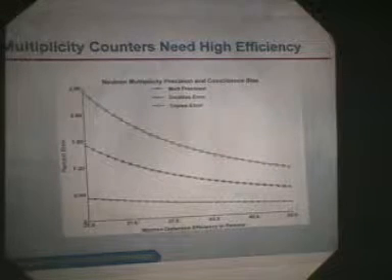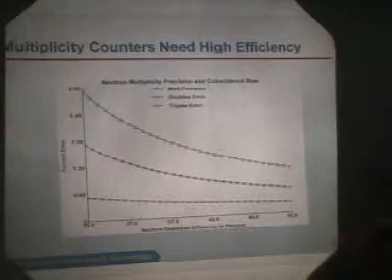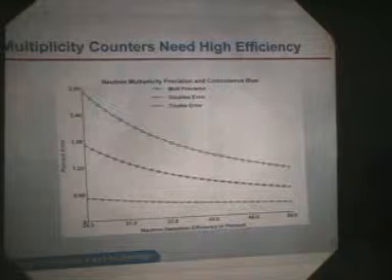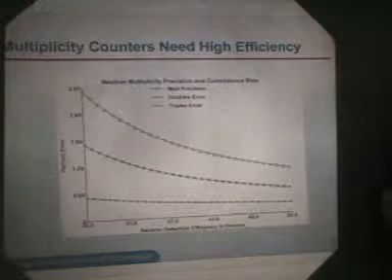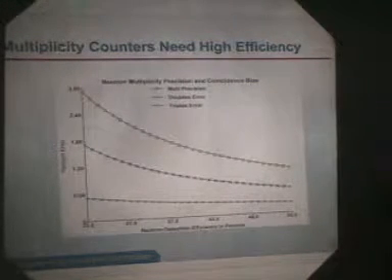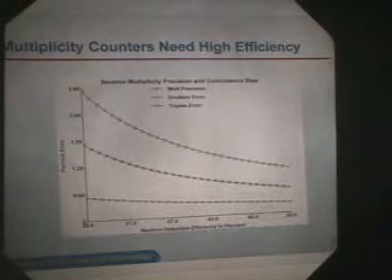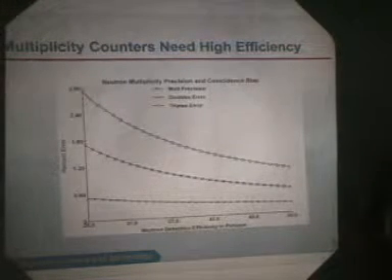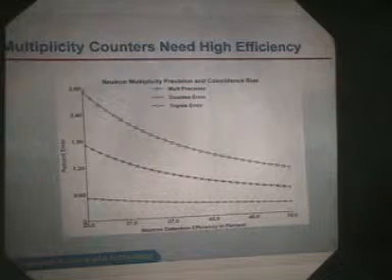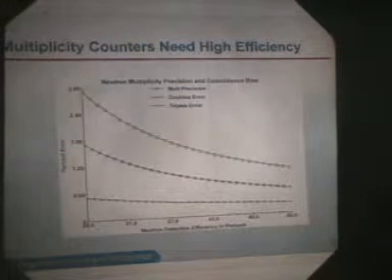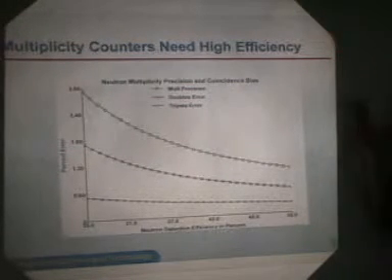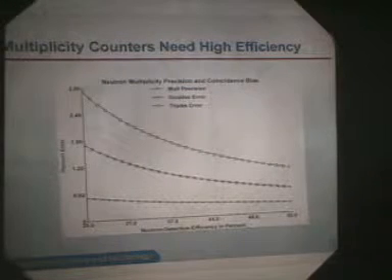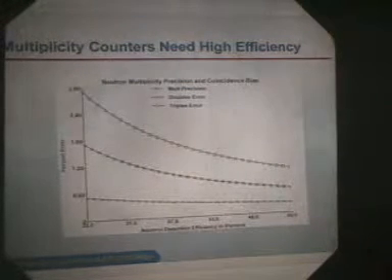And similarly, all of these get better if you decrease the die away time, because you can shorten the gate, therefore shortening the contribution from accidentals. So the answer is very, very simple: when you design multiplicity counters, you want them high efficiency and low die away time. It's simply to extend the region where multiplicity counting works, and also to improve multiplicity precision across all measurement values of interest.